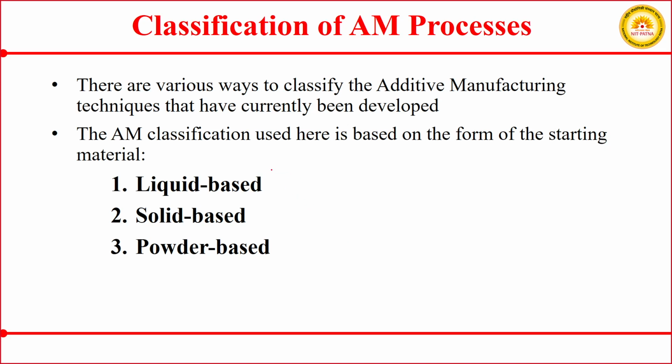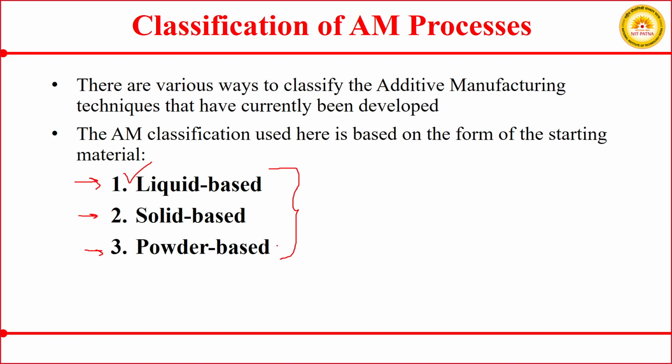In the first lecture, somebody asked whether we can use slurry, or what kind of material will be there, what will be the properties. These things we will be discussing. There are basically three types of material used in AM processes: first liquid based, second solid based, and third powder based materials.